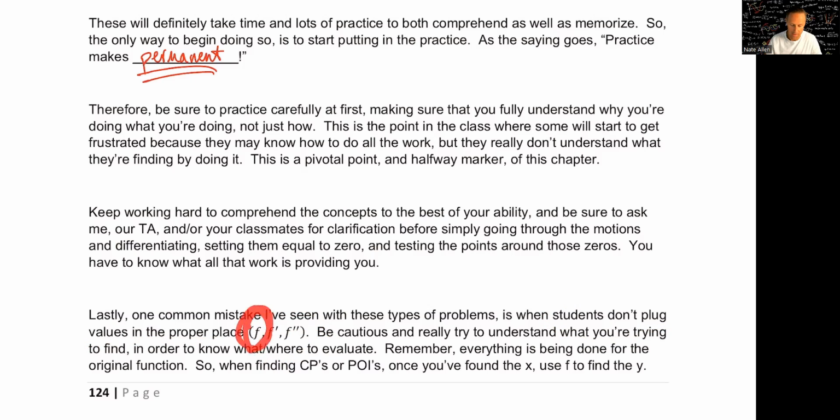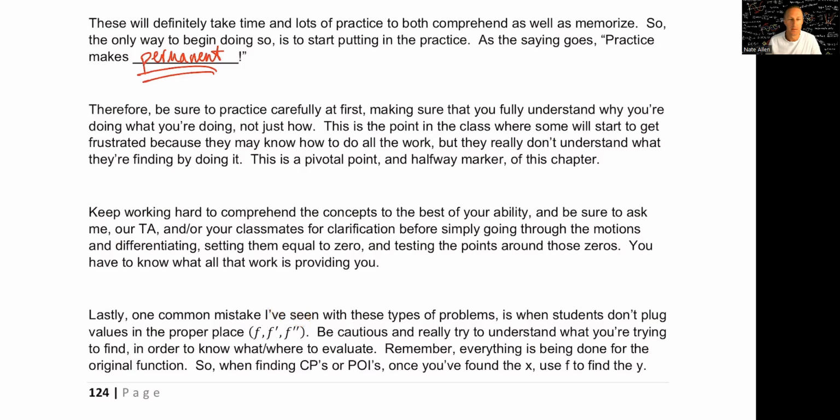Meaning, remember everything we are doing, the first derivative, second derivative, all of that information is always for our original function and how to graph it. All those key points, critical points, points of inflection, concavity, where it's increasing or decreasing. And remember what each derivative finds for you. The critical points, increasing, decreasing, points of inflection, and where it's concave up or down.